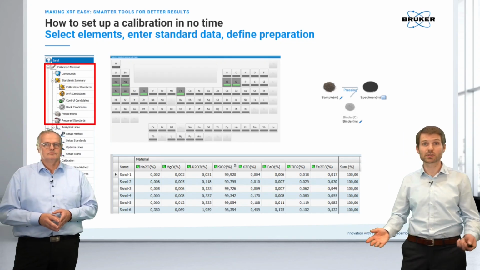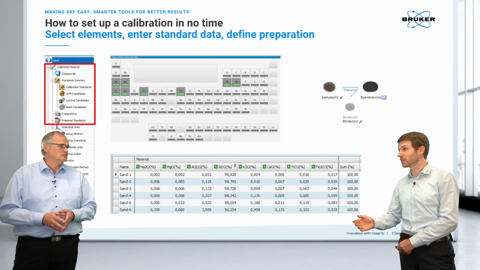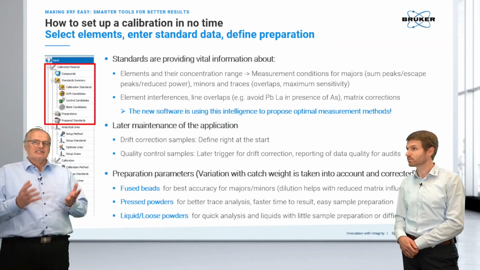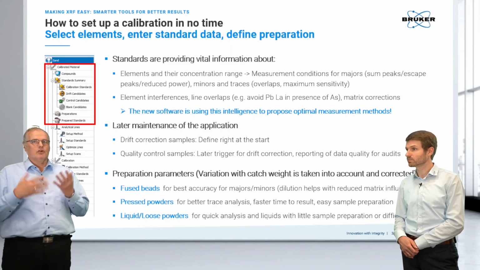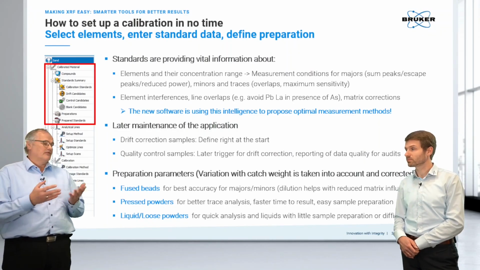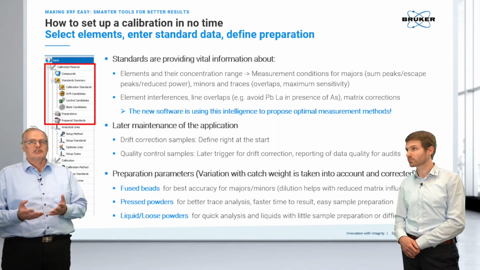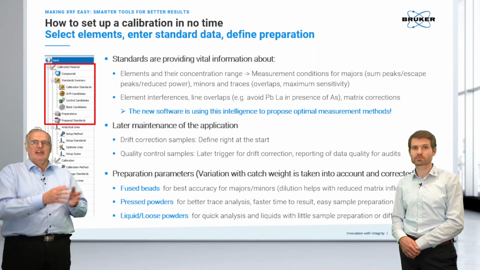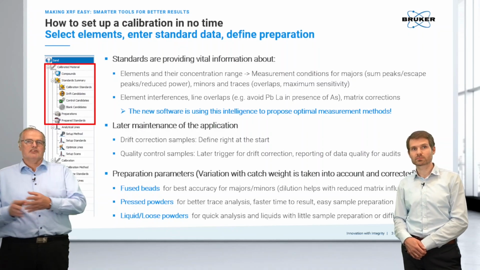Basically up to here it's very straightforward, and the first proposition comes from the software. As I said, the moment you provide standards with the information about elements and concentration, we know immediately whether you are going to the major element range or the trace range.